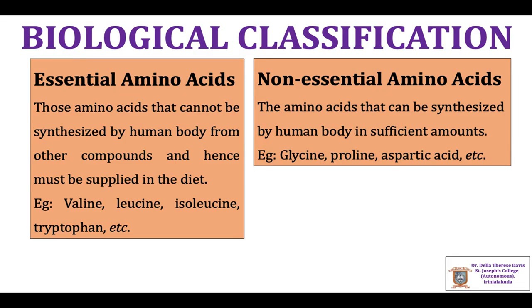Example valine, leucine, isoleucine, tryptophan, etc. Non-essential amino acids can be synthesized by human body in sufficient amounts. Examples include glycine, proline, aspartic acid, etc.